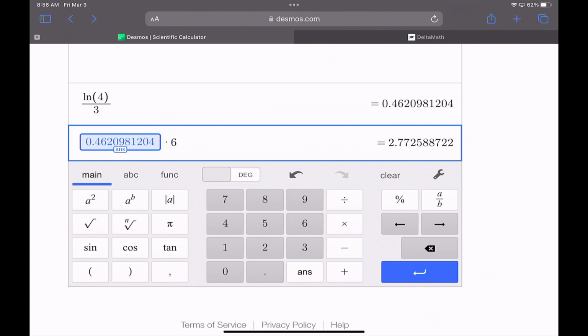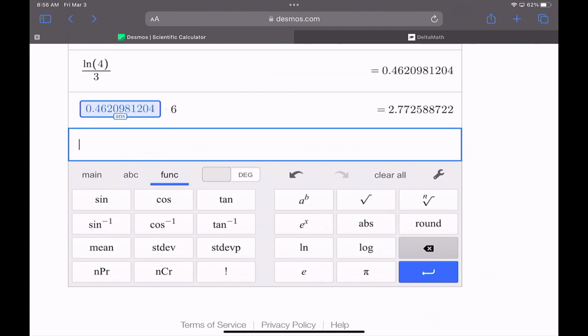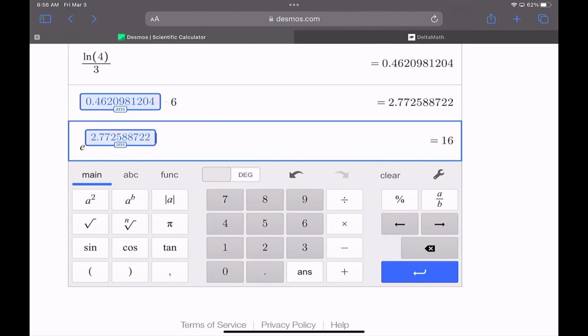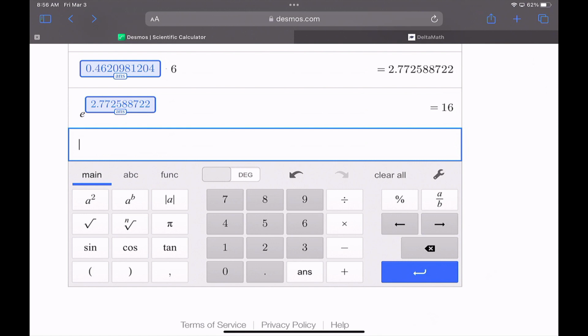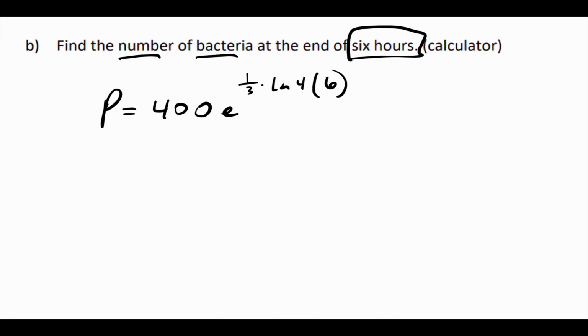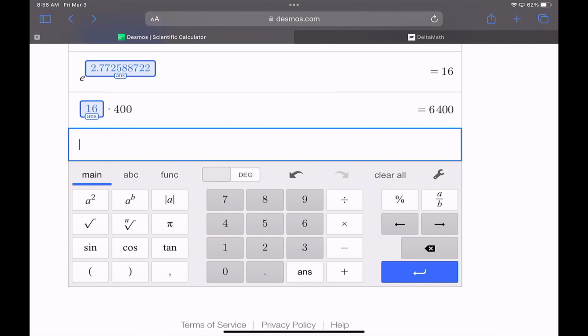That's the power. I'm going to take e to that power, and then I'm going to multiply it by 400. 6,400.